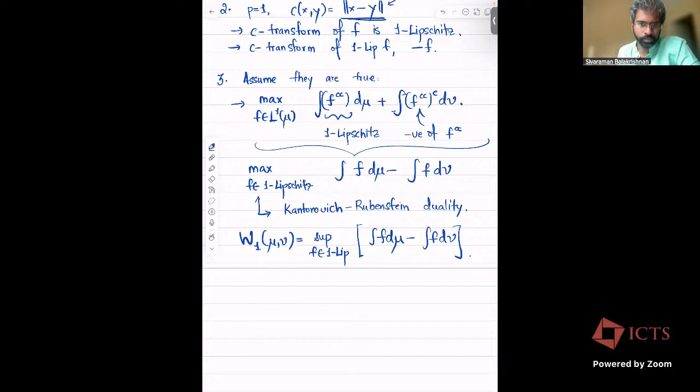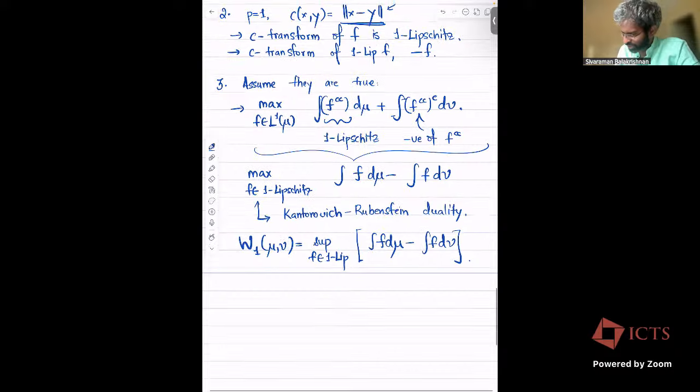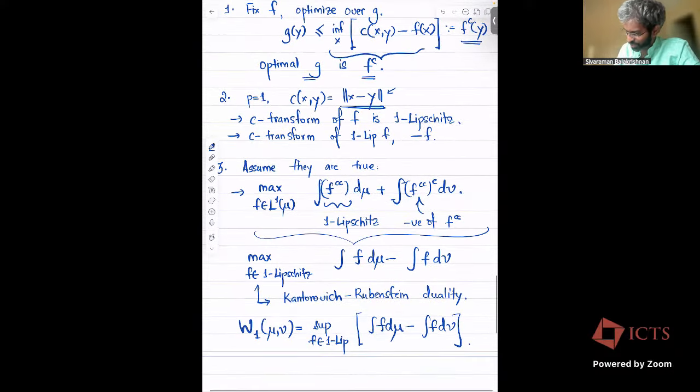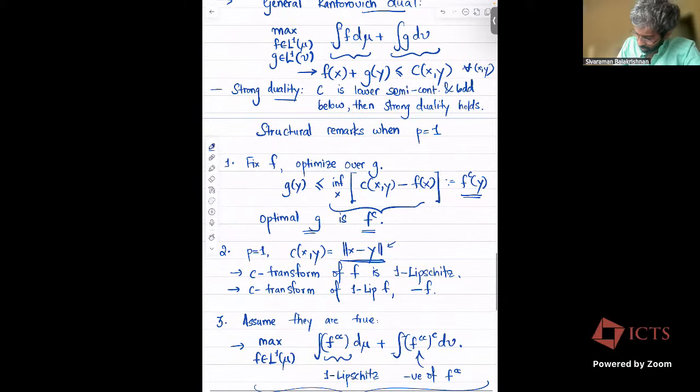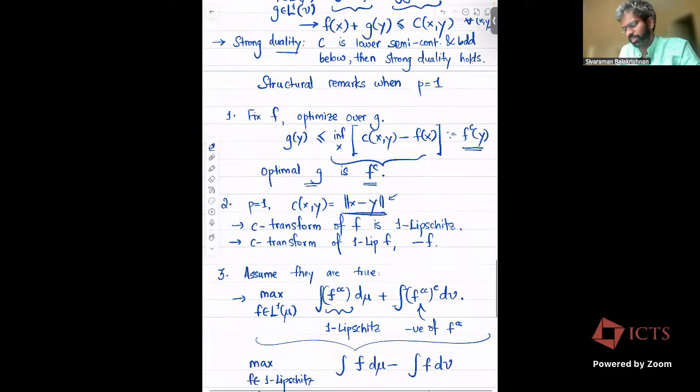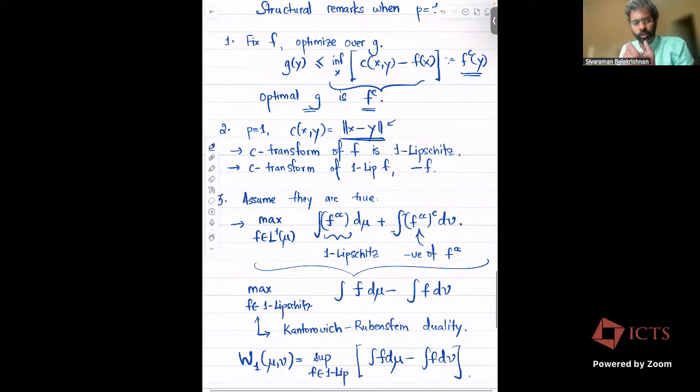There is a theorem that says it, yes. In full generality, strong duality holds for this cost. If C is lower semi-continuous and bounded below, and this cost is both of those things, then strong duality holds. I'm just saying, suppose that strong duality holds, what structural properties can we get out of the dual that tell us something interesting? And that's all. So I'm just assuming strong duality holds, and it does in this case.